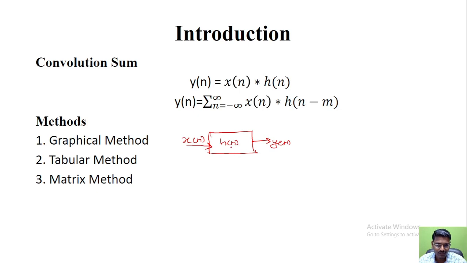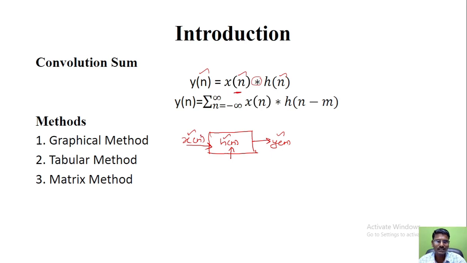So y of n can be written as y of n is equal to x of n convolution h of n, right? So this is the formula for convolution sum.